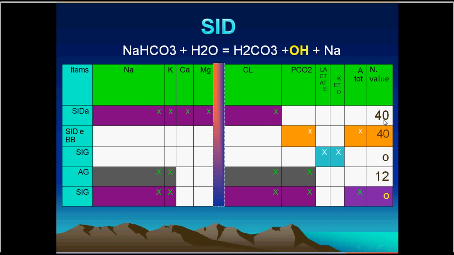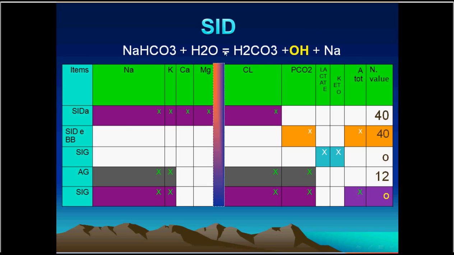This equals 40. What is meant by 40? This equals the bicarbonate and the total weak acid. Total weak acid forms about 16 milliequivalents, and bicarbonate 24, and together they will be 40. In another way, sodium bicarbonate, when it dissociates in water, gives you carbonic acid, which does not dissociate, and the hydroxide group.